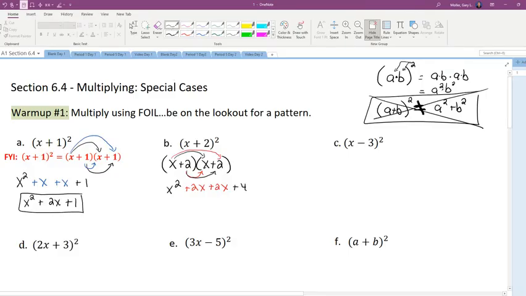So we get an answer of x squared. At the end we have plus 4, and in the middle 2x plus 2x is 4x.